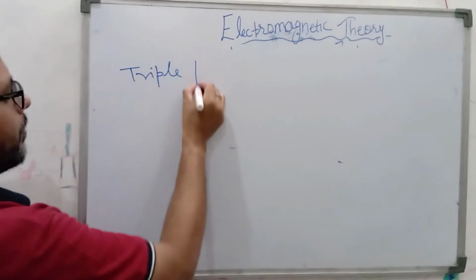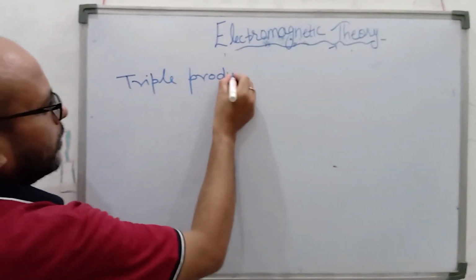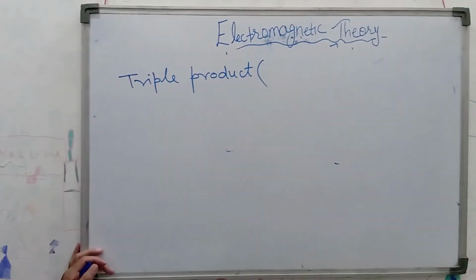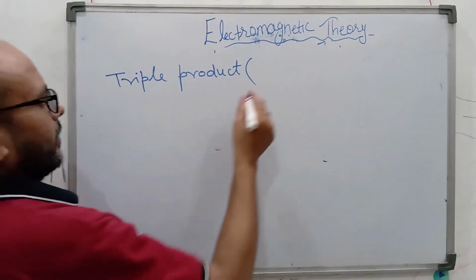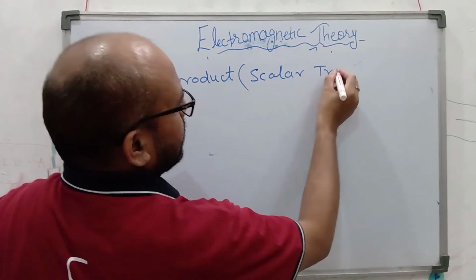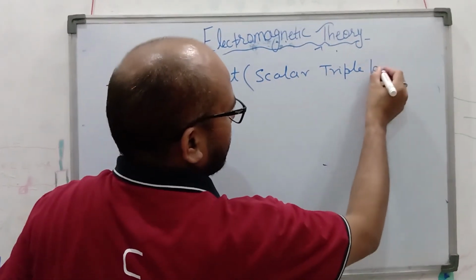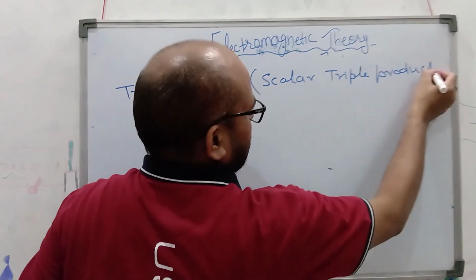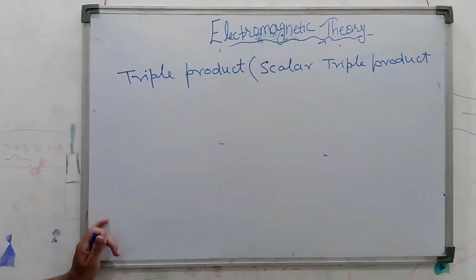The scalar triple product involves three vectors, A vector, B vector and C vector.